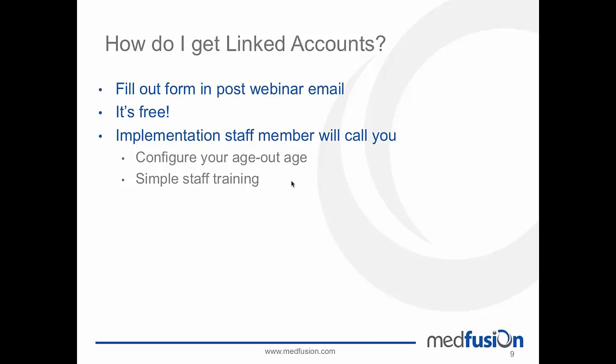And then we will just walk you through some simple staff training. We have some materials for your staff as well to be able to manage these accounts through Practice Portal. And we'll also be talking to you about automatic age out and whether you want to turn that on for your practice, or if you want to manually age out, or if you just don't want to age out at all, that's fine as well.